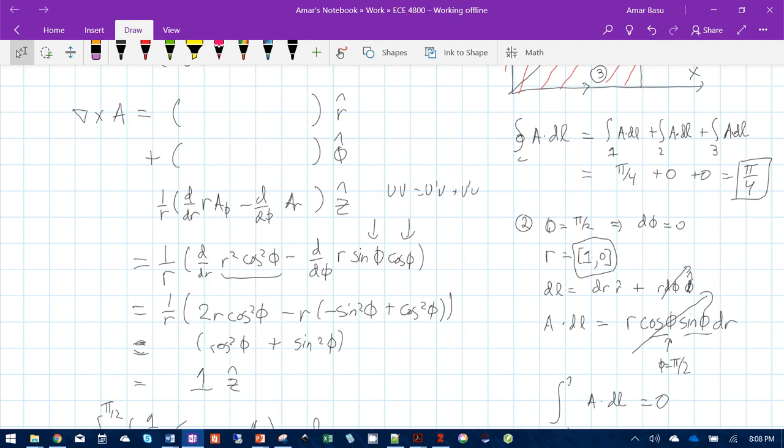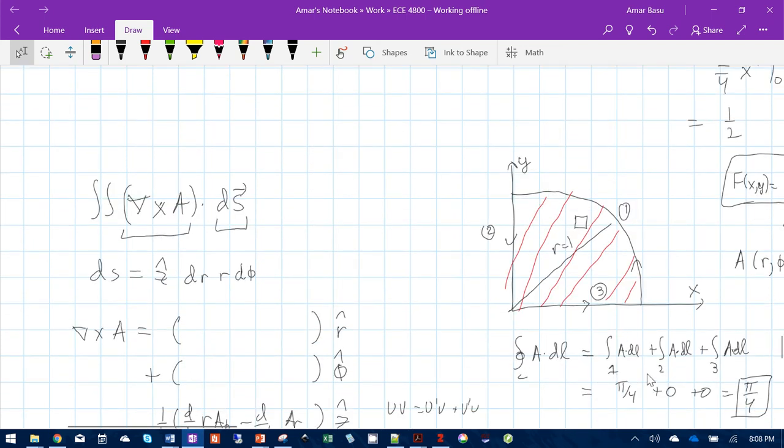I'll tell you a very simple rule of thumb. For this particular problem, in order to figure out the circulation, we had to do 3 line integrals, right? If we wanted to figure it out using the double integral of the curl, we only had to do 1 integral. So obviously it's easier to do it the second way.